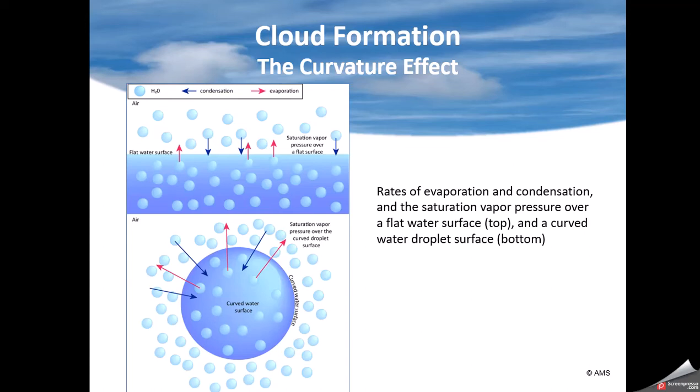Everything we've talked about has assumed the water was flat. Now, kinetic energy in a curved droplet will make it extremely difficult for saturation to occur. So if you don't have something else, the curvature effect will always keep clouds from forming unless the relative humidity might be up to maybe 200 to 300%, and that's just not going to happen.